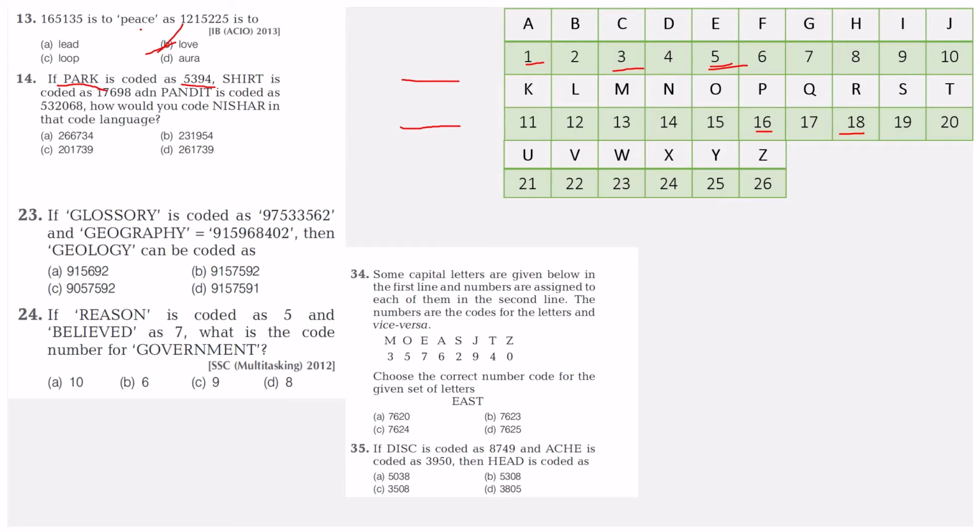Genius level intellects will try to take a pattern from 5394 to PARK, like P is 16 and they'll subtract 11 from it to get 5, and they'll do that for everything. But if you take A and subtract 11 from it, you'll not be getting 3, right?